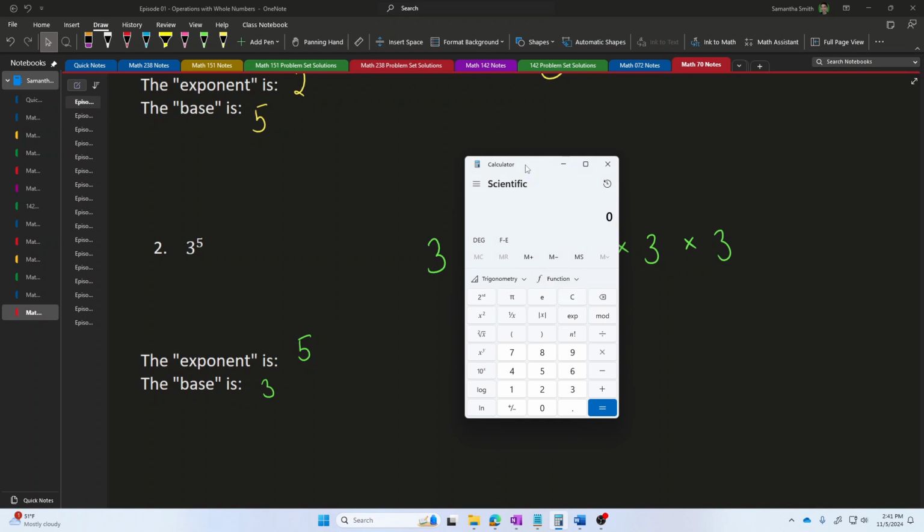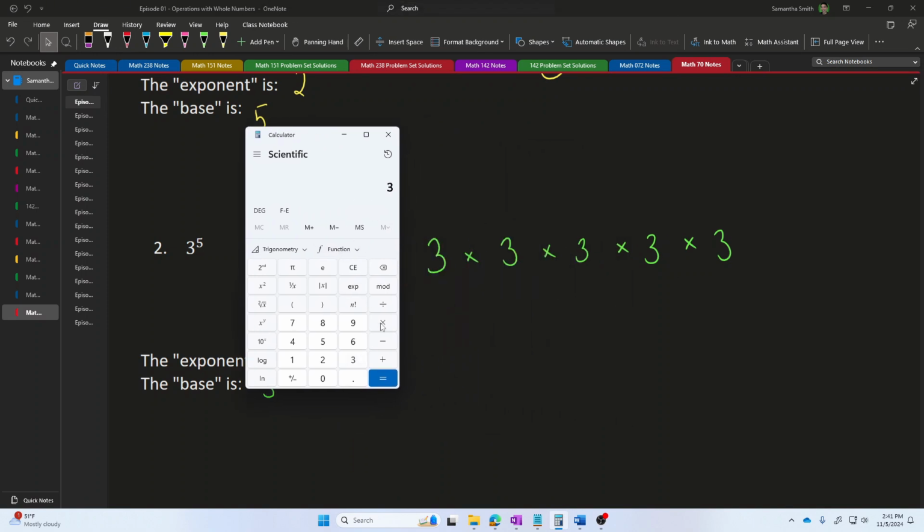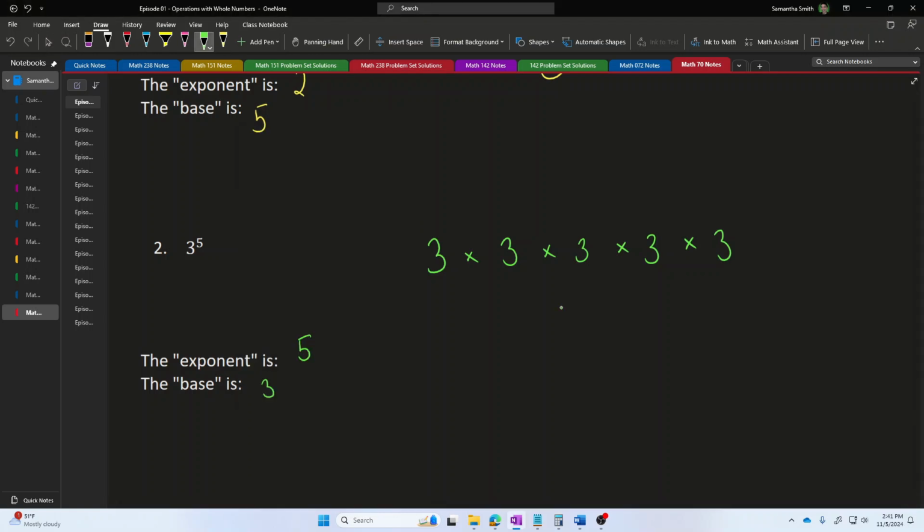So I could calculate that by doing 3 times 3 times 3 times 3 times 3, result 243 units. Or I could use the exponent button on my calculator, 3 exponent button 5, and I would also get 243 from that.